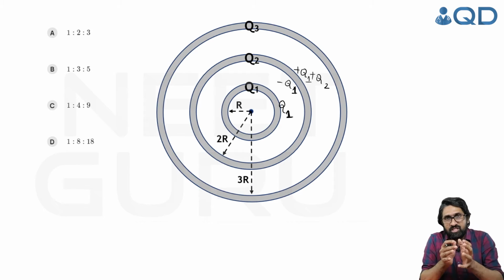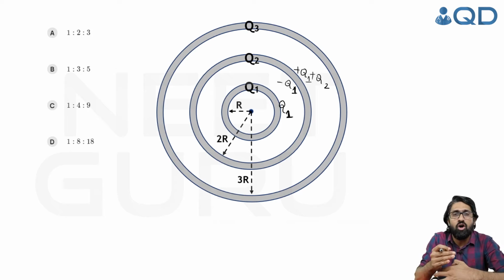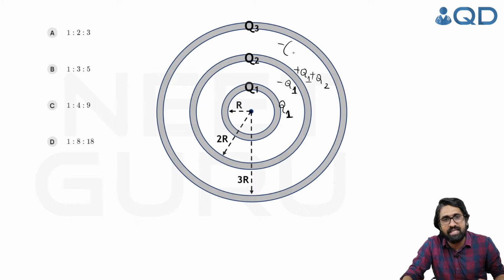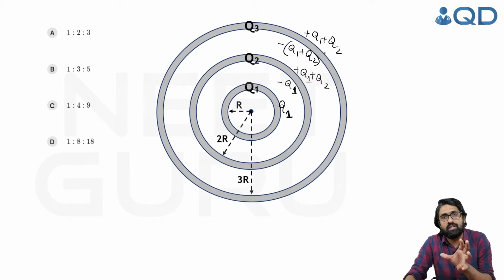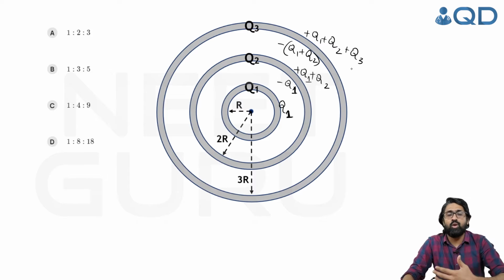Now, the plus q1 plus q2 charge on the outer surface of the second shell would draw an equal and opposite charge to the inner surface of the third shell. So we'll have a minus (q1 plus q2) charge on the inner surface of the third shell, and that would cause a plus (q1 plus q2) charge on the outer surface of the third shell, which already has a q3 amount of charge.